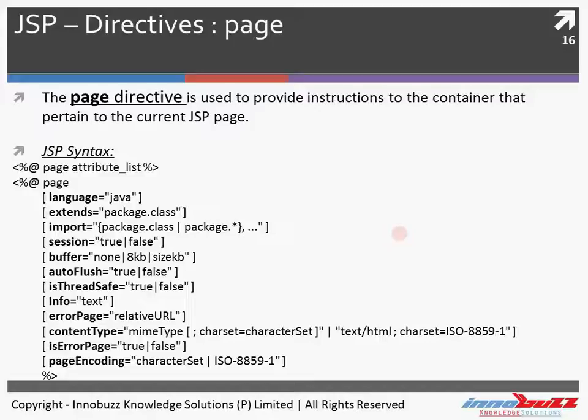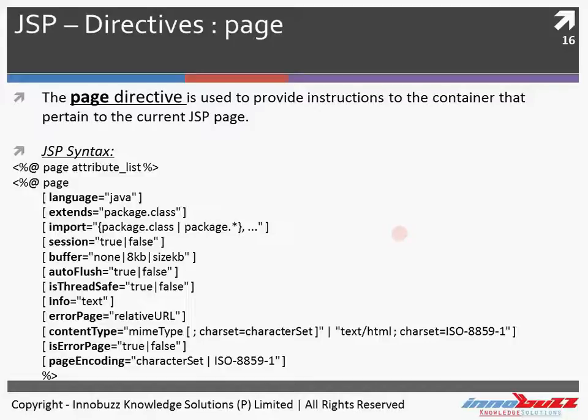We have session equal to true or false. It means whether the client must join an HTTP session in order to use the JSP page. If the value is true, the session object refers to the current or a new session. If it is false, you cannot use the session object at all.